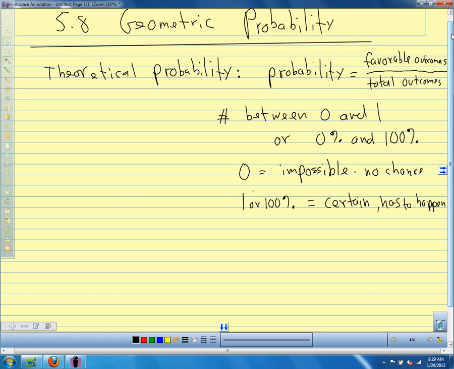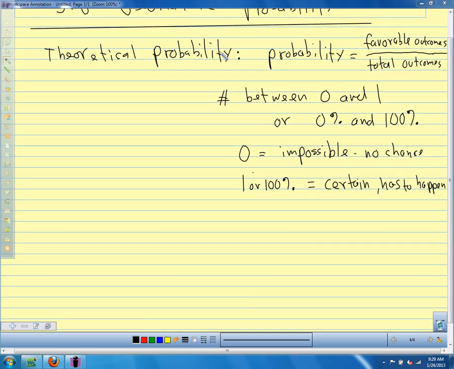So let's look at a quick example, just calculating theoretical probability like we did at the very beginning. So we have our bag with marbles. Probability problems lots of times have to do with bags of marbles. And we have 20 marbles in there.